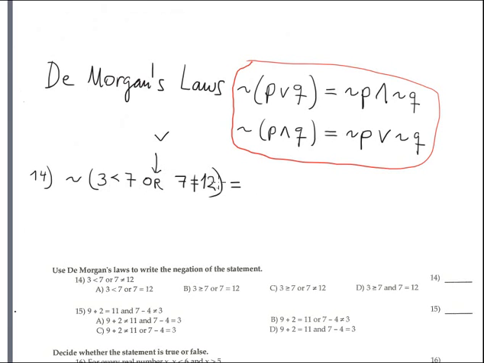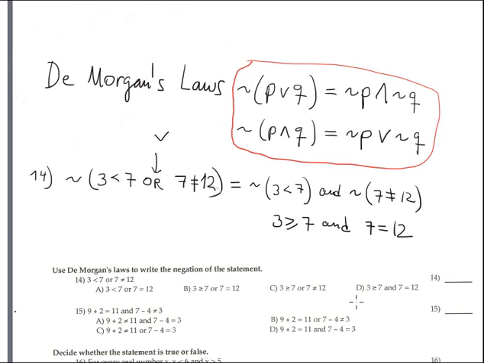So basically it is negation 3 less than 7 and, the completely opposite to the disjunction is conjunction, negation 7 different to 12. So this is negation, this is 3 greater than or equal to 7. And negation this is 7 equal 12. Okay, corresponding with the option D.